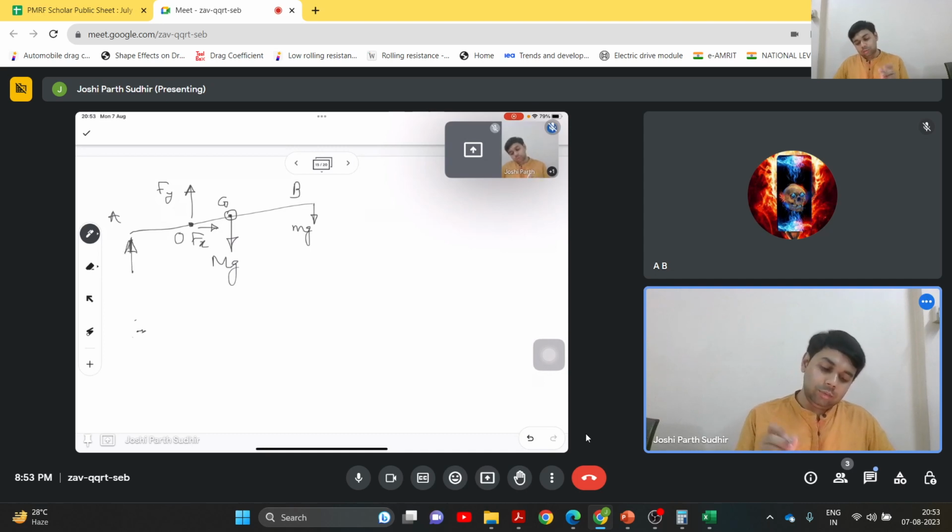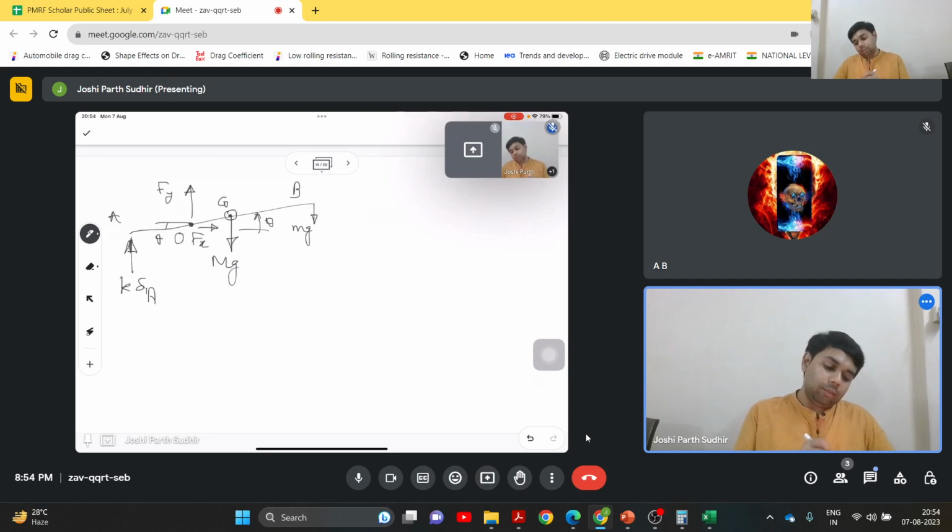Now because this rod has tilted by some angle theta, the spring on the left hand side will get compressed. So let us say we write it as k into delta 1, where delta 1 is the deflection of this end A, or let us call it delta A itself.